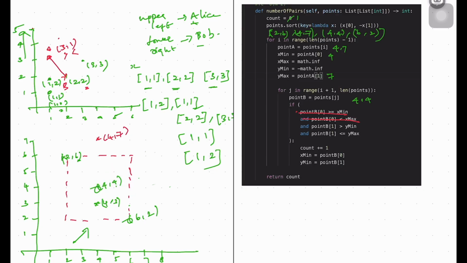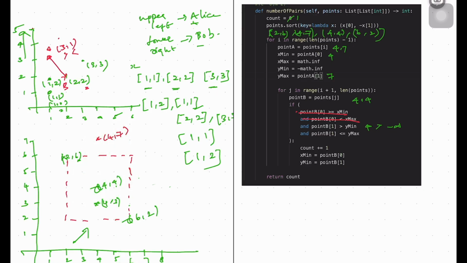Now it will check point b of 1 is 4, which is greater than our y min, which is now minus infinity. Now this is 7. 7 can form with anything lower than this. So initially it will be minus infinity, so it can form a fence with 4 comma 4. Got it?